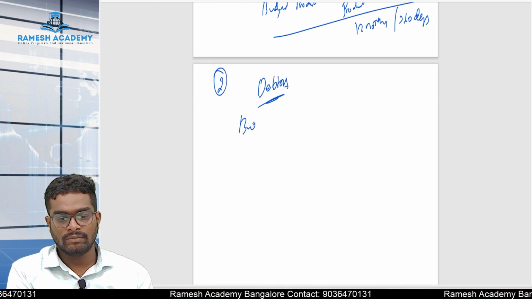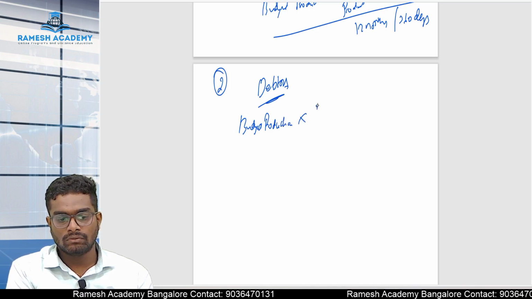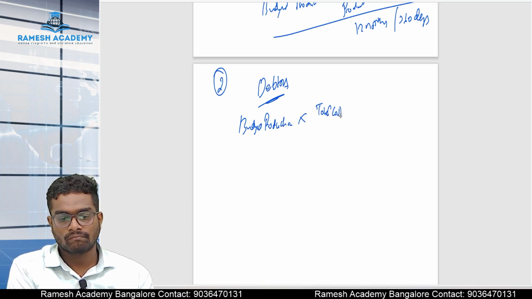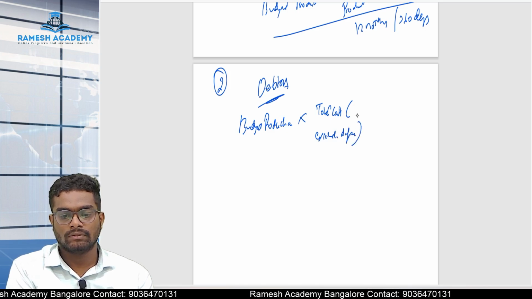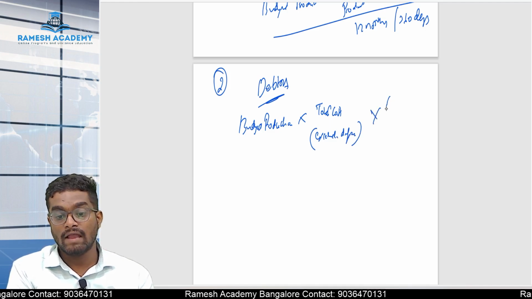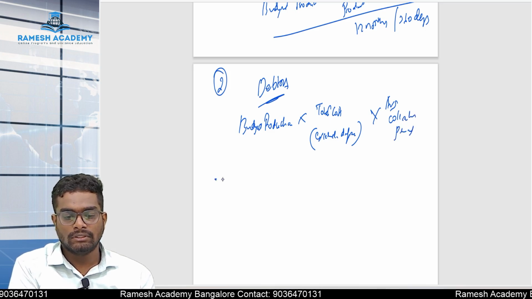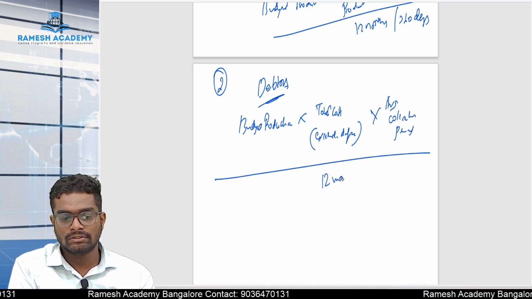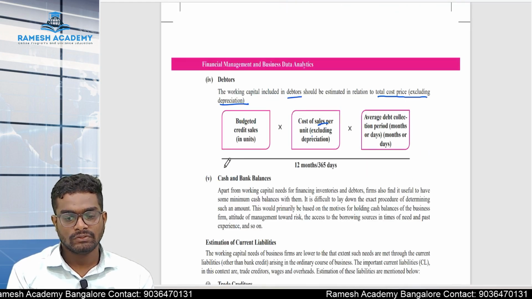So here it will be budgeted production into total cost excluding depreciation into average collection period. So for debtors, we take the collection period divided by 12 months or 360 days. Okay, understood? So this is the debtors.